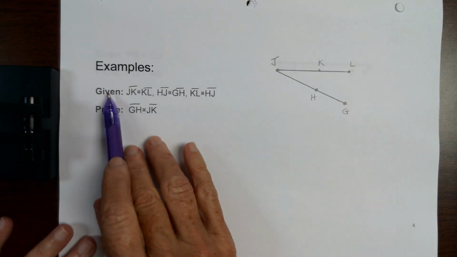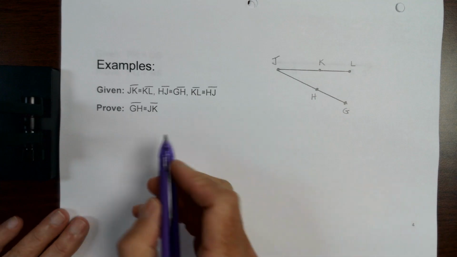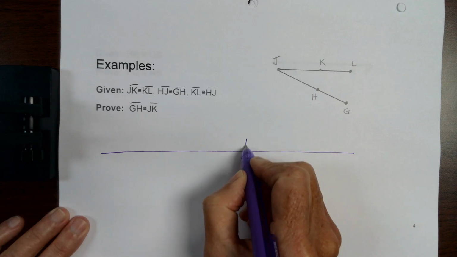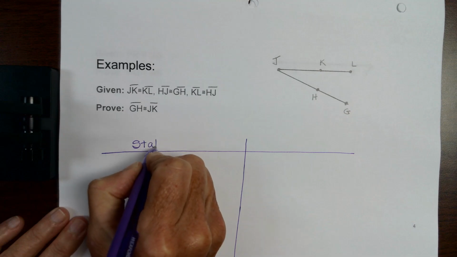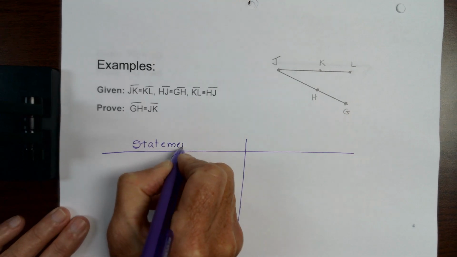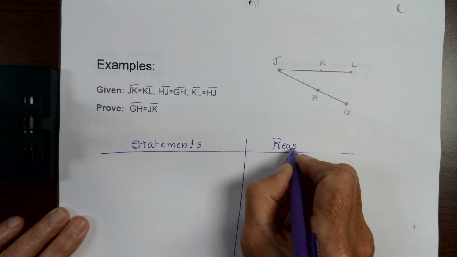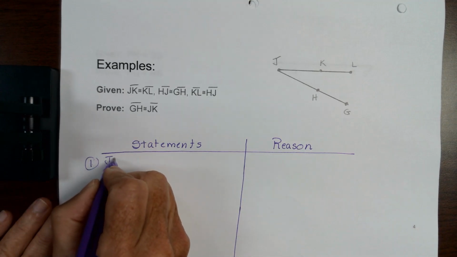Basically, you want to make sure your given is written down. You want to make sure your illustration is written down, and then you're going to do your 2 columns. You remember to label the first one statements, and the second column is labeled reasons. The very first thing you're going to do is write down your given.